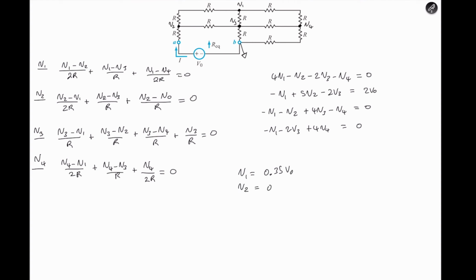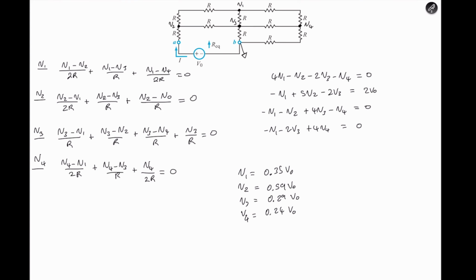V2 is equal to 0.59 V0, V3 is equal to 0.29 V0, and V4 is equal to 0.24 V0. Notice that the voltage drop across each branch of the circuit, if we add those up, we get the total voltage of the source.